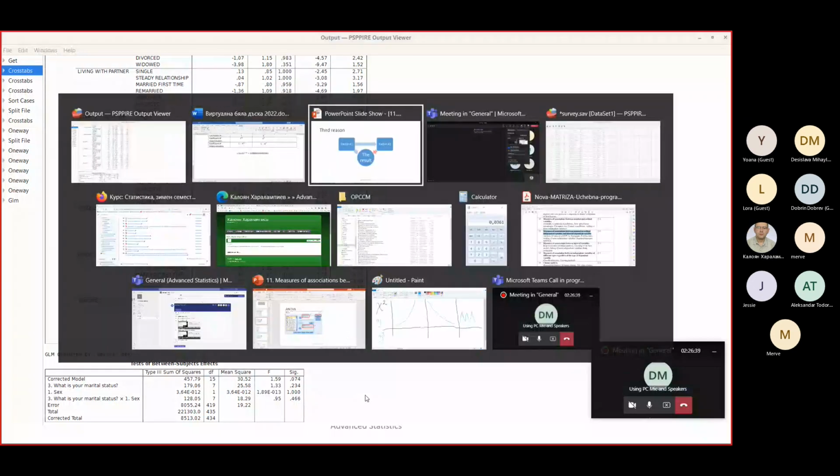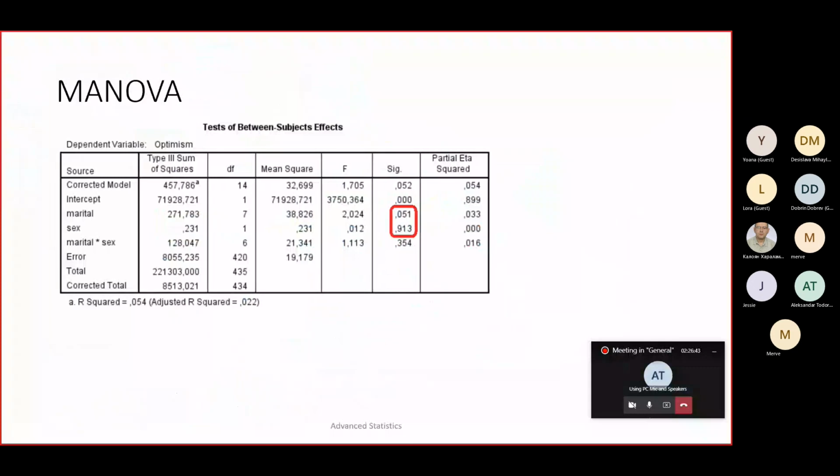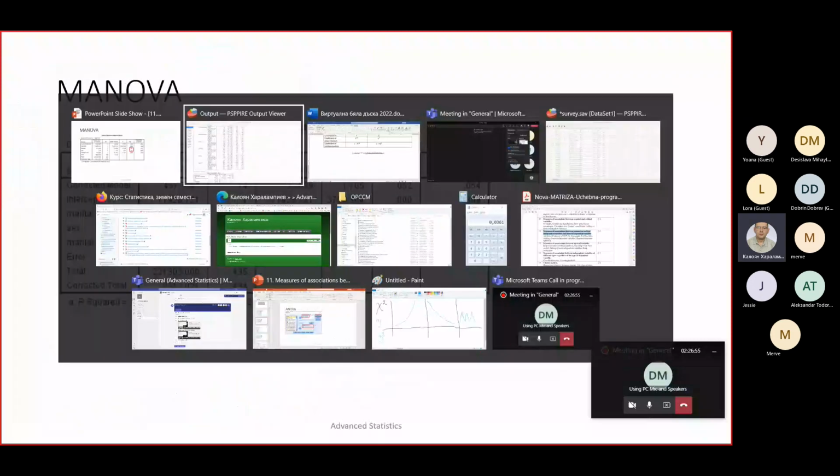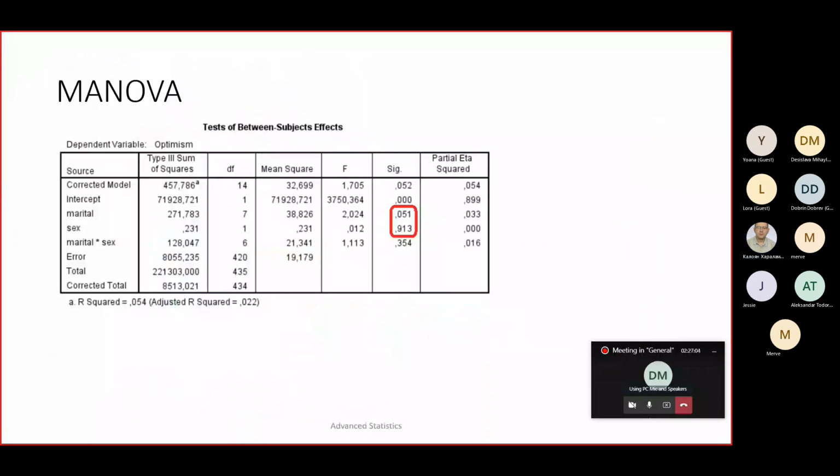So it's very interesting that significance levels in SPSS are different from those in PSPP.